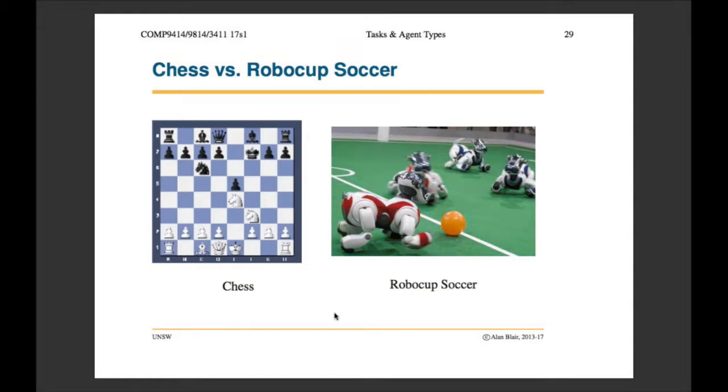Now, in the years from, say, 1958 until 1996, chess was a big driver of artificial intelligence and actually computer science in general. Arthur Samuels, working at IBM, started working on chess in the late 50s, chess and checkers. Donald Michie worked on it in Britain in the 60s.